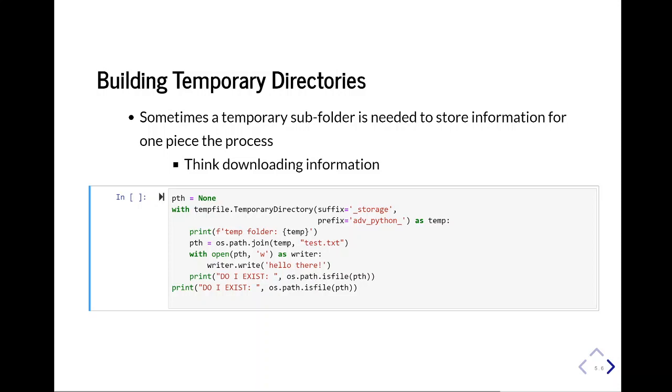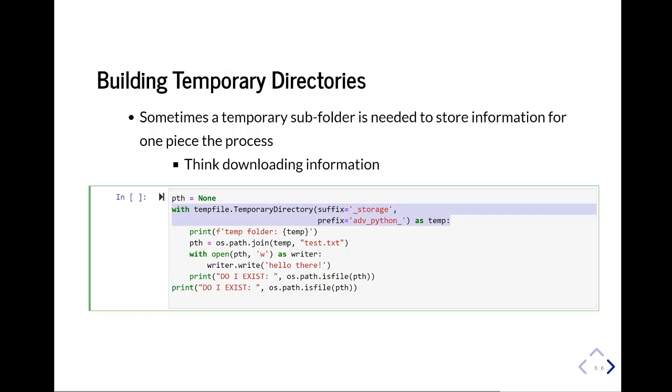And just like the named files that we had before, we can use this temporary directory and pass in a suffix and a prefix to get something that lines up with what we expect for our naming conventions for this app. So I'm going to use the with statement again, because when my logic's done, I want to auto erase everything.